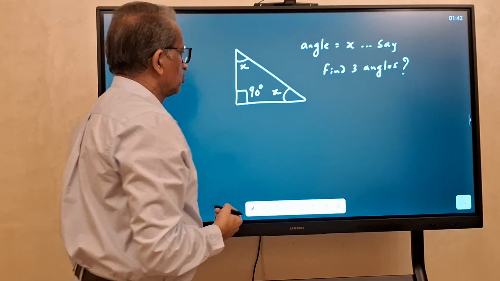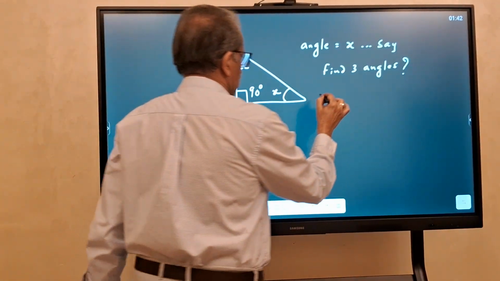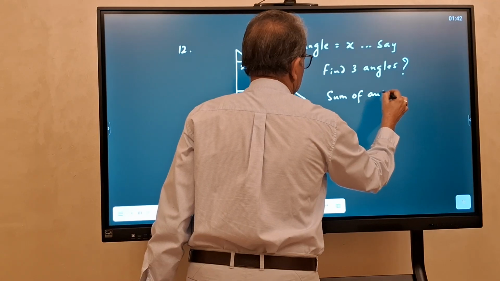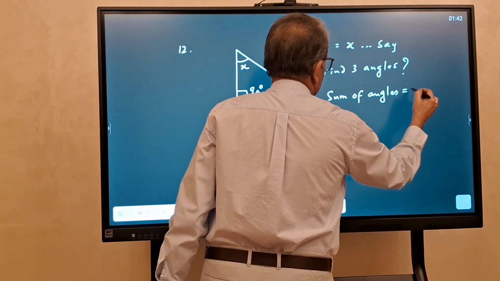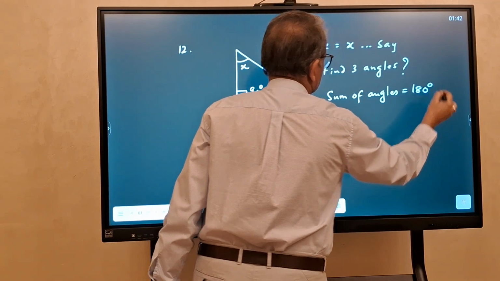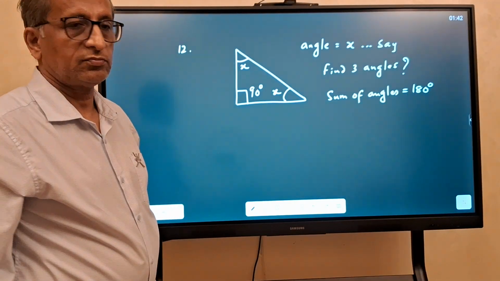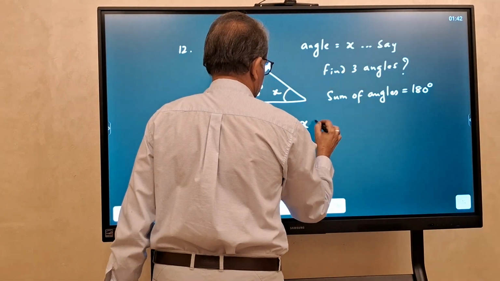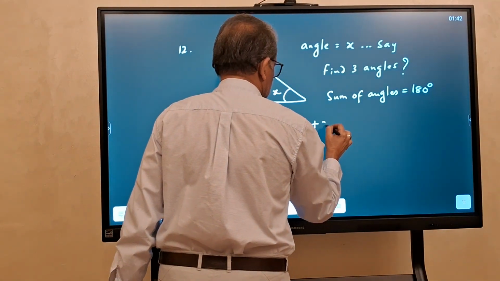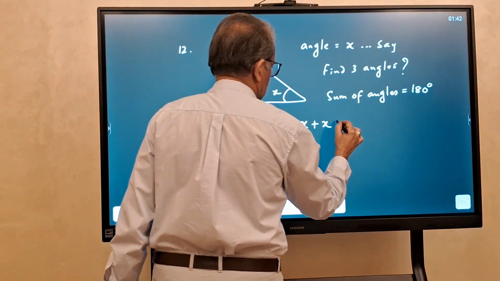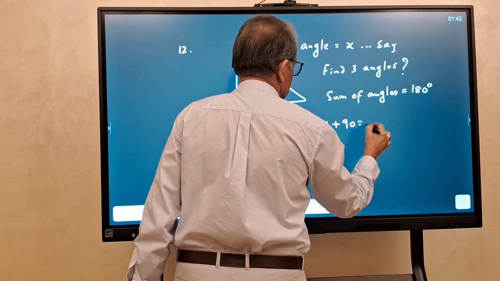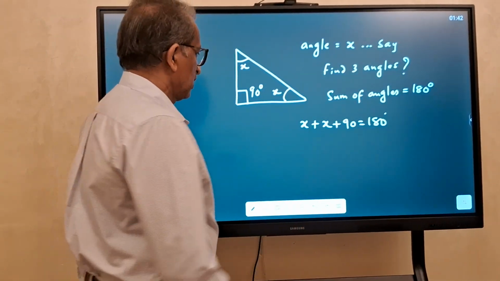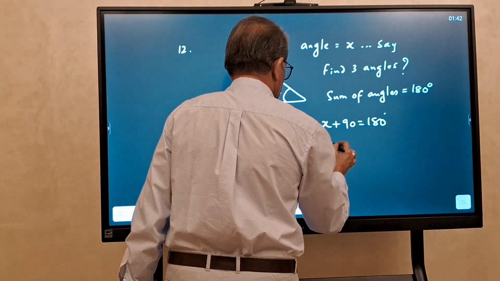But you know the rule that in any triangle, the sum of angles is equal to 180 degree, always. Add all. What is your first angle? x. The second angle also is the same because it is given same. Plus 90 is equal to 180. x I can add.